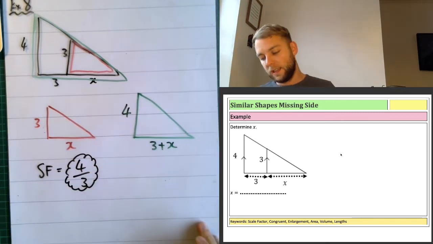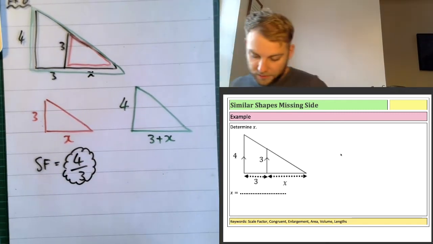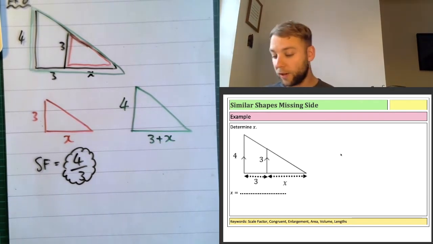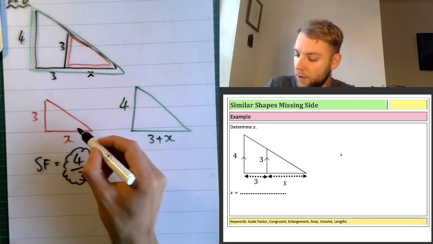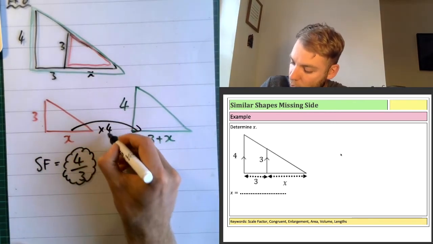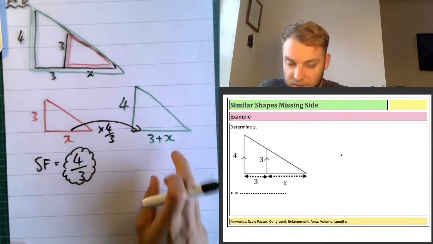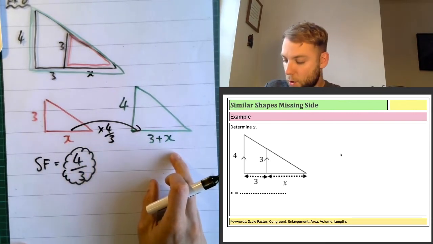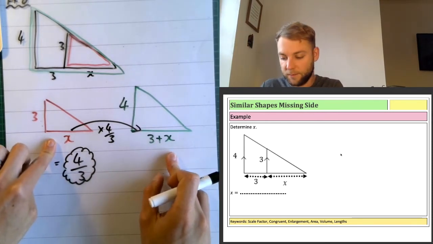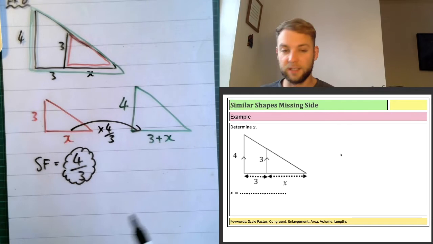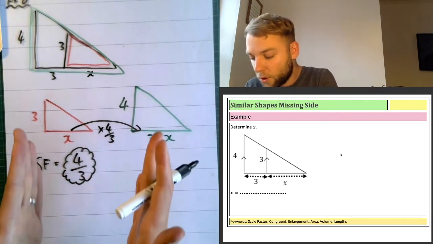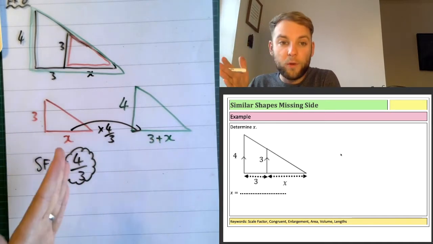Okay. Now, the next part is tricky, because there's two ways you can do it. You can either create the equation, because I know that this times by 4 over 3 is equal to this, okay? Or you know that this divided by this is also the scale factor as well. Now I'm going to create the equation because I think that's probably the easiest way, okay? The problem is, I'll go back to it, we've got two things with unknowns in.